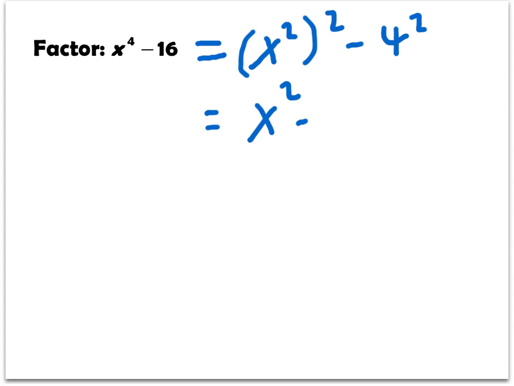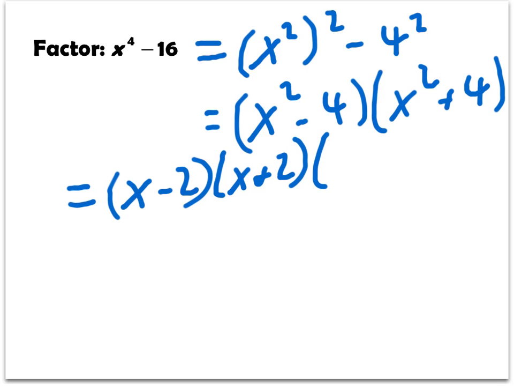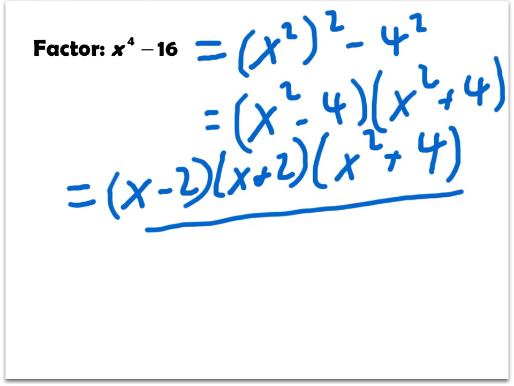So I'll take my first something minus my second something times the first plus the second. But now this first term is a difference of squares. So I'll write this as x minus 2 times x plus 2 times x squared plus 4. I can't factor those first two terms anymore. Last term I can't factor either. And so there we go. Here's our simplified algebraic expression.